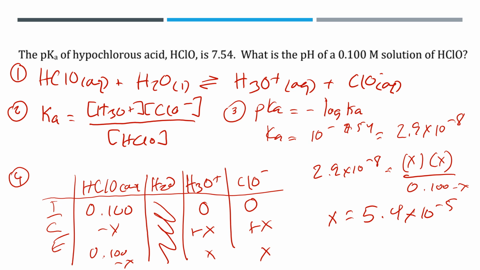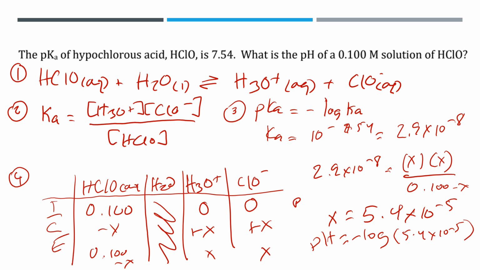So the pH is negative log of the hydronium ion concentration, or negative log of x. So 5.4 times 10 to the negative 5. Probably should have rewritten that somewhere.